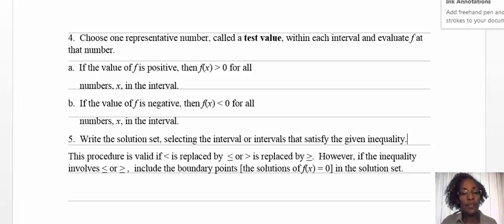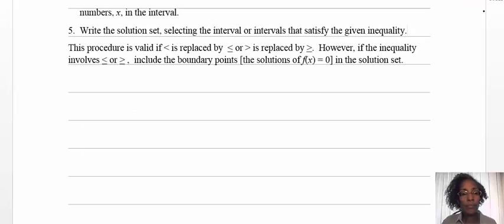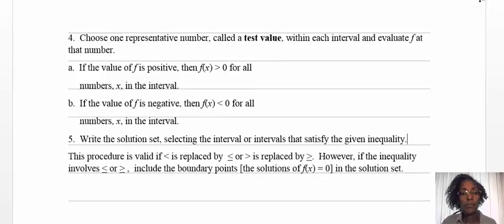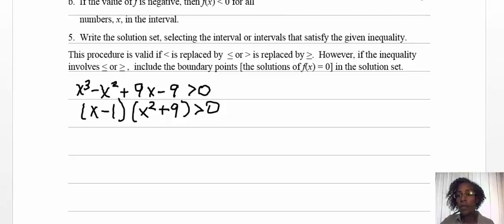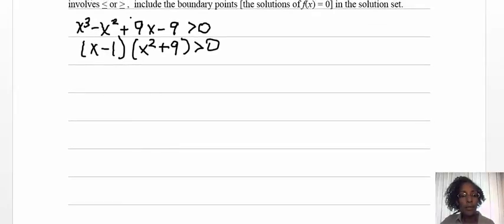So let's take a look at this, applying these steps to our problem. Now recall that this was our inequality. The first presentation of it, x cubed minus x squared plus 9x minus 9 greater than 0, gives it in its original standard form.